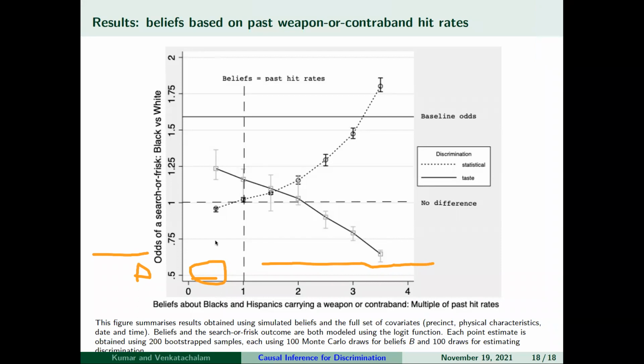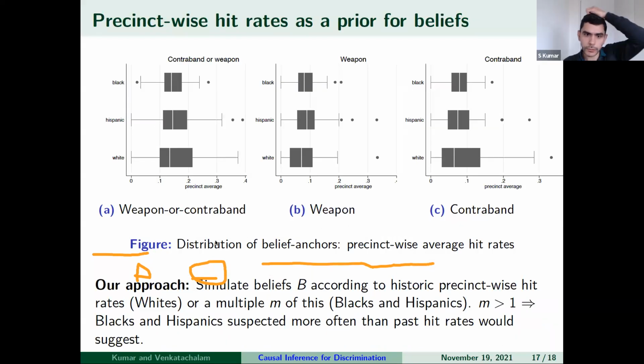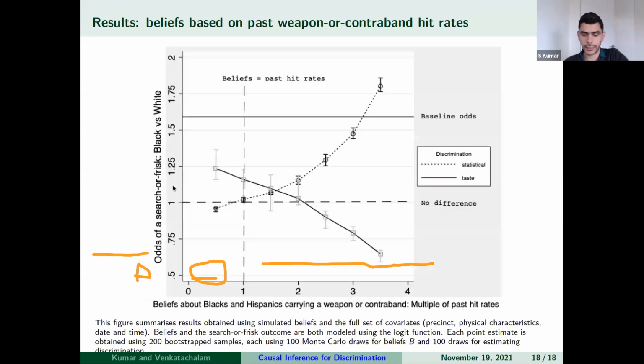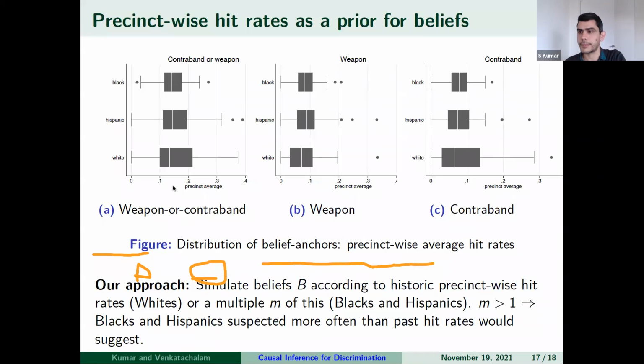Okay. So if it's 0.3, then 3 times 0.3 is 0.9, right? So you can't really go higher. Yeah, the observed hit rates are pretty small. If you look at these precinct averages, there are some where they are large, so they get bounded by 1 quite fast. But the median numbers are something like 12 to 15%.